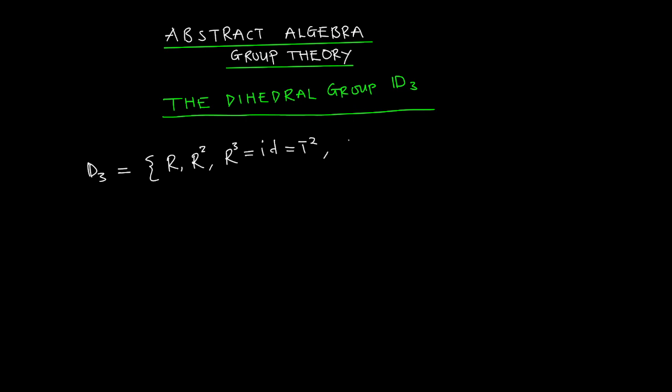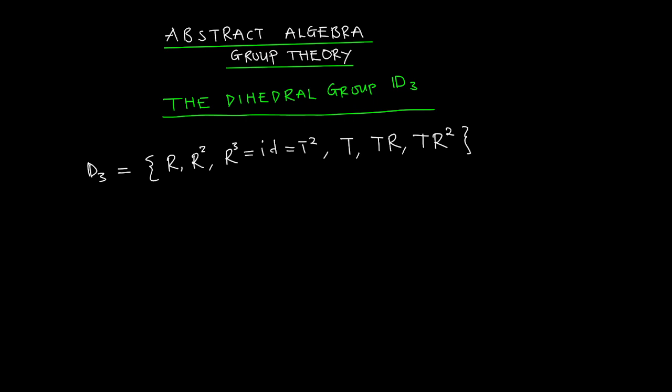And then you have t. T is a vertical reflection. TR is a reflection followed by a rotation. That's what TR means. And then TR squared means a reflection followed by a 240 degrees anticlockwise rotation.